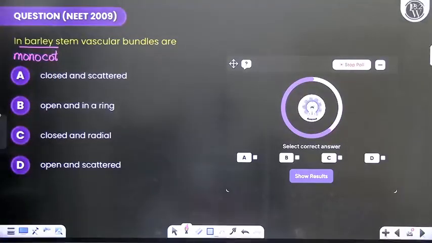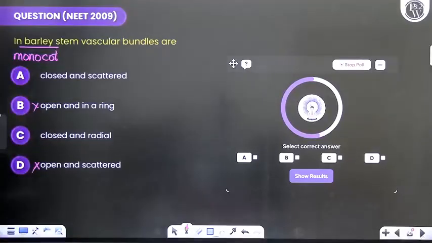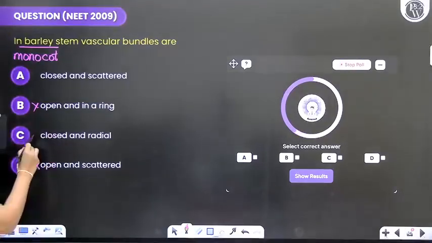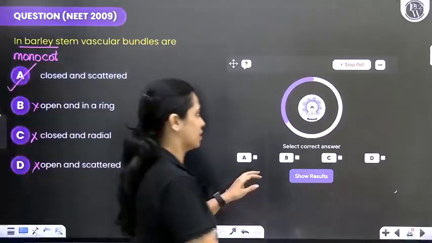Is it open or closed? It's definitely not open. You can eliminate both of these options. It's closed. Is it radial? It's not radial. Obviously, it's conjoint closed. It can't be radial. It is closed and scattered in the cortex. So option A is the correct answer here.